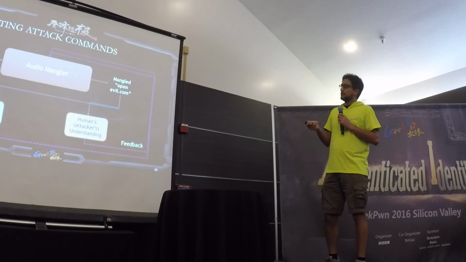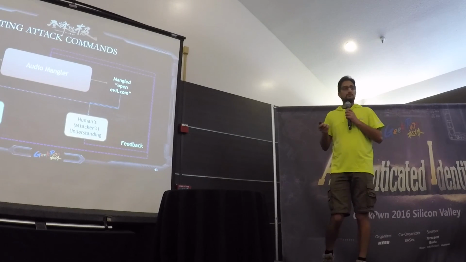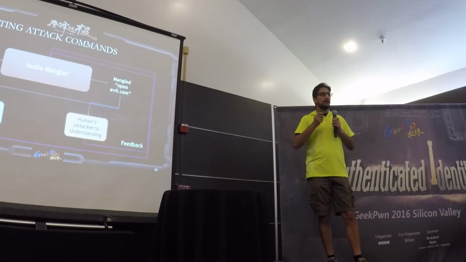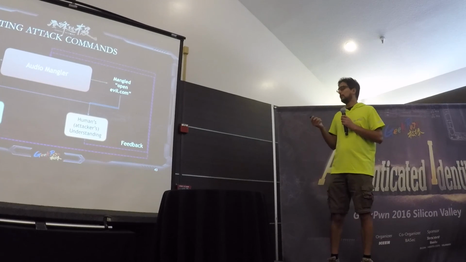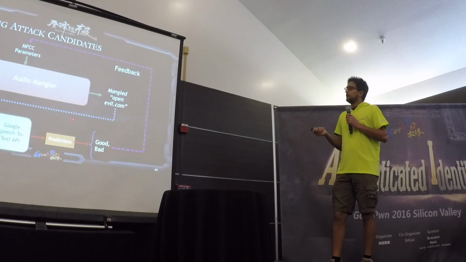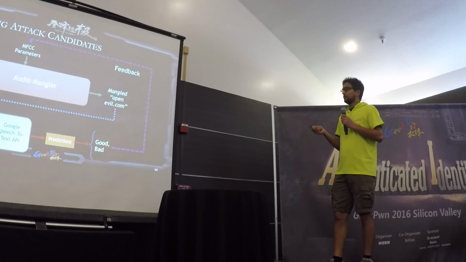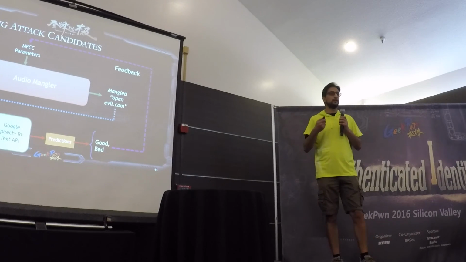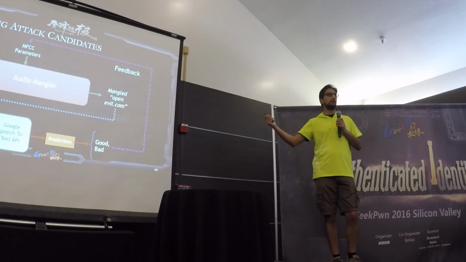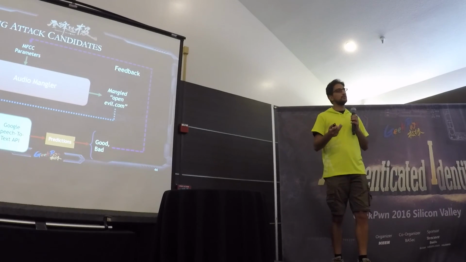For the machine understanding step, it might seem like the adversary cannot just take every candidate input and play it over the air to a phone to get a better candidate. That would be really time consuming. So we took an automated approach where for each candidate, we sent the candidate to Google's speech-to-text recognition API. In this particular work, we were targeting Google's speech recognition system.